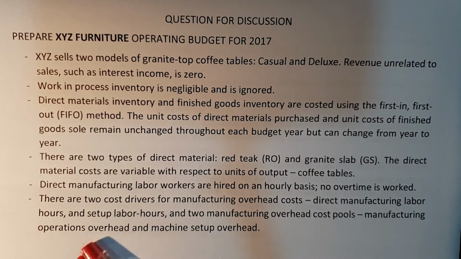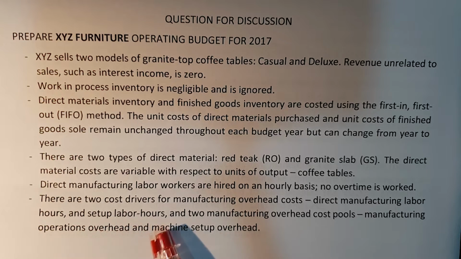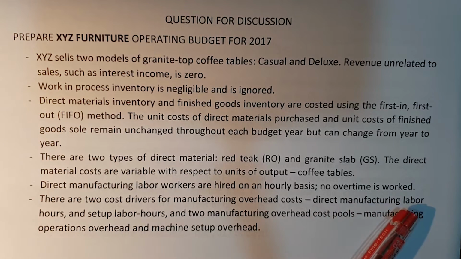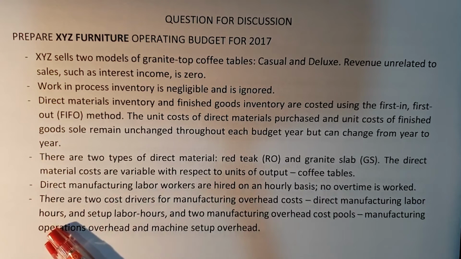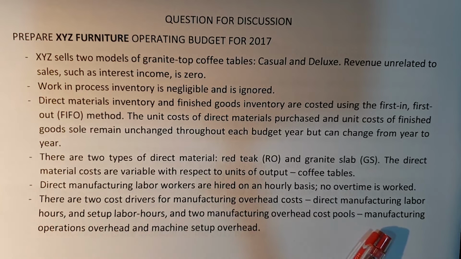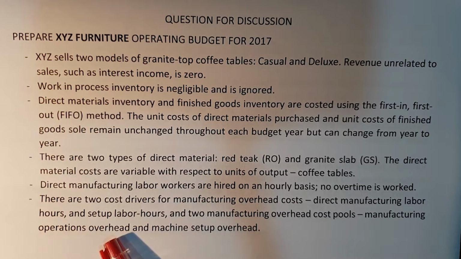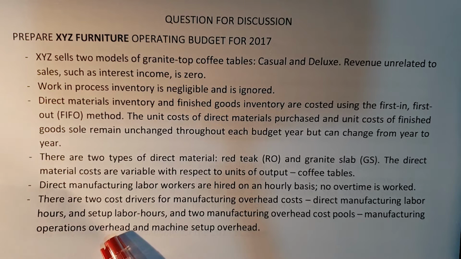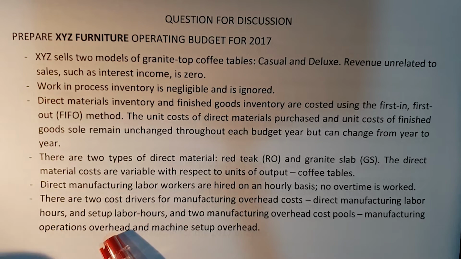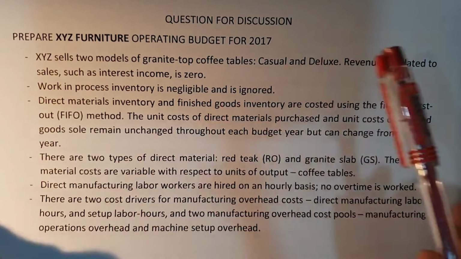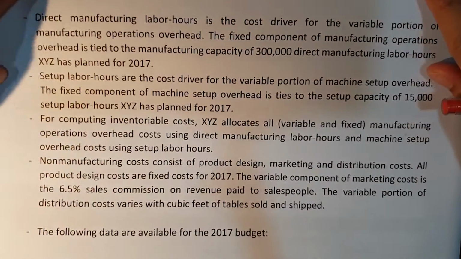As we can see here, setup labor hours is very much related to machine setup overhead. Direct manufacturing labor hours is related to manufacturing operations overhead. We are going to look at this in more detail in the calculation part on how it works. Okay, now we continue with our questions.